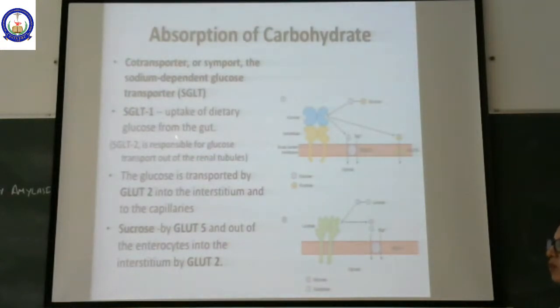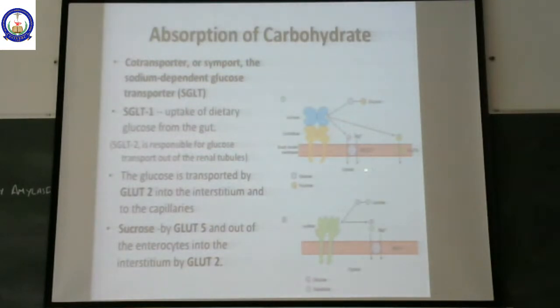SGLT1 is present in the gastrointestinal mucosa and helps in the uptake of dietary glucose from the gut, that means the intestine. SGLT2 is responsible for the transport of glucose in the renal tubule, which we will understand when we teach the renal system. So the glucose is transported by GLUT into the interstitium and to the capillaries.